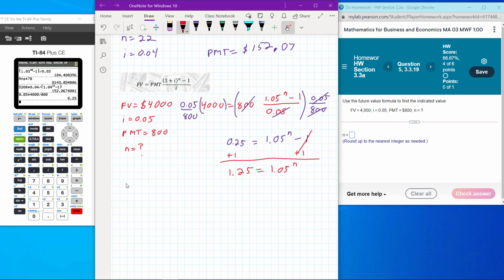If I do, I will have that the common log of 1.25 is going to be equal to the common log of 1.05 raised to the nth power. Okay, now using the power property of common logs, we can rewrite this as n times the log of 1.05. That's going to be equal to the log of 1.25. And now we can solve for n by dividing both sides by the common log of 1.05.